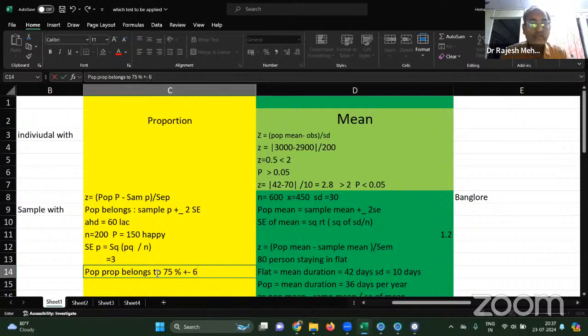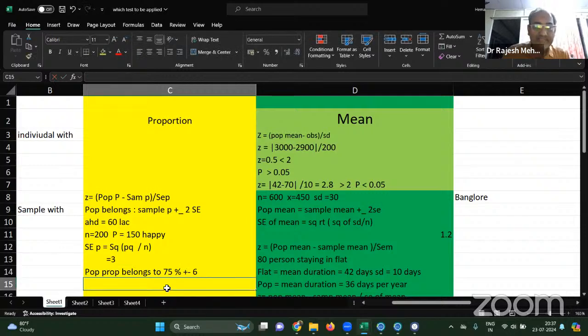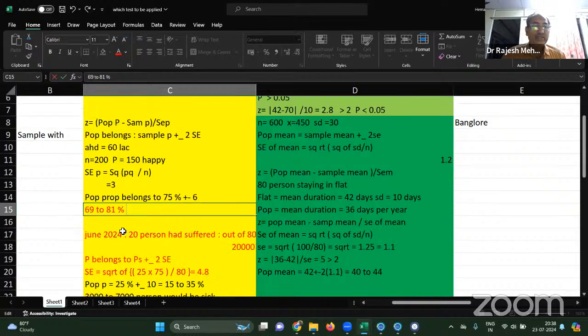That means 2 into 3, that's 6. So you can say that in Ahmedabad 69 to 81% of the people will be happy, provided you have taken this sample of 200 by a random sampling technique. Now, this was the data submitted by you to the commissioner.